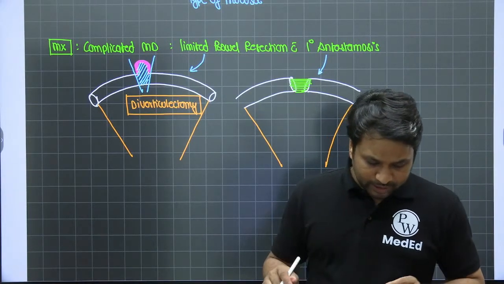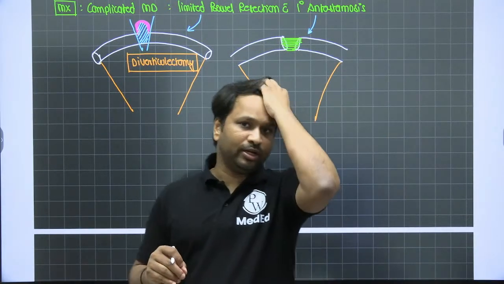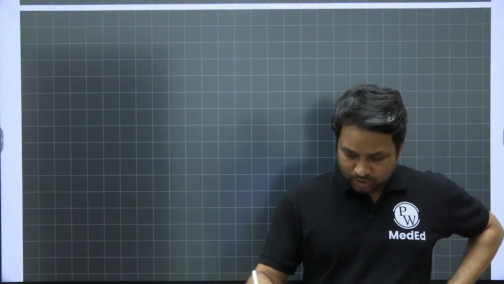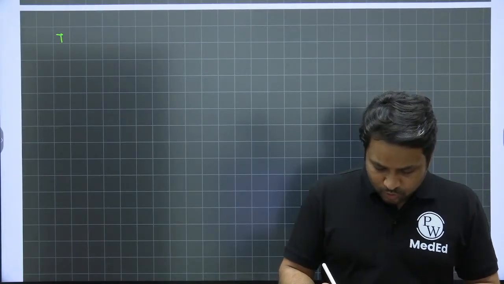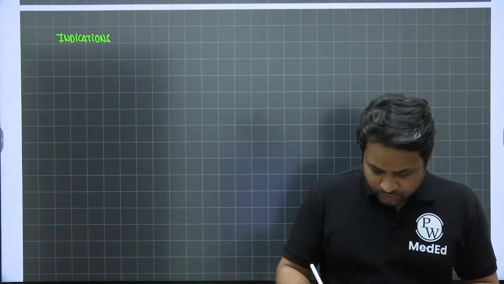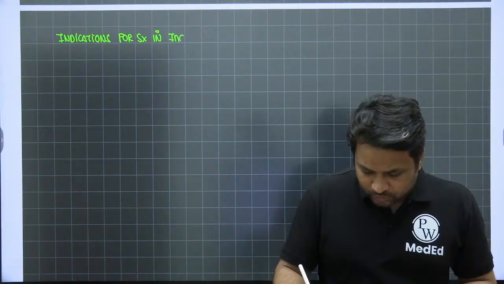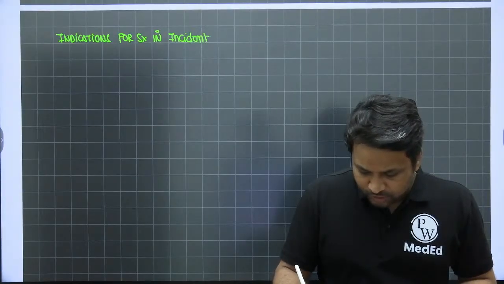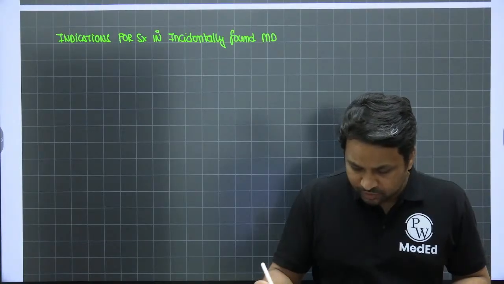Now, if you look at the whole context of it, currently, if you are a resident and you're targeting your NEET PG or INICET or NEET SS, there is one thing that the examiners would want you to know: what are the current indications for surgery in an incidentally found Meckel's diverticulum?